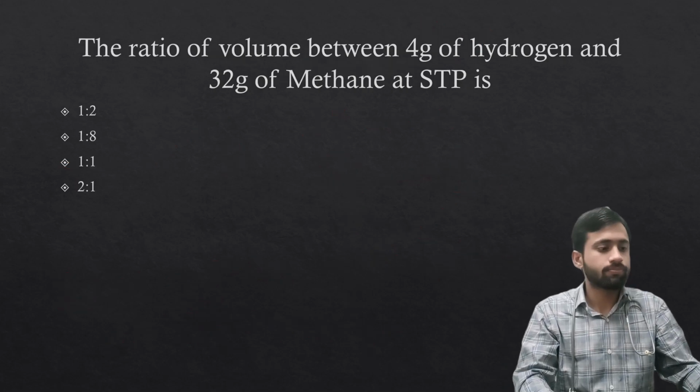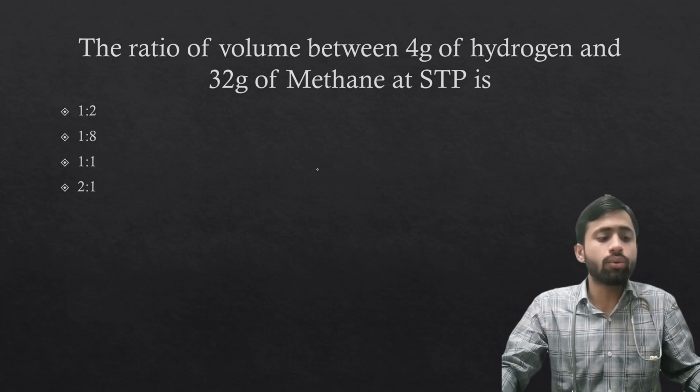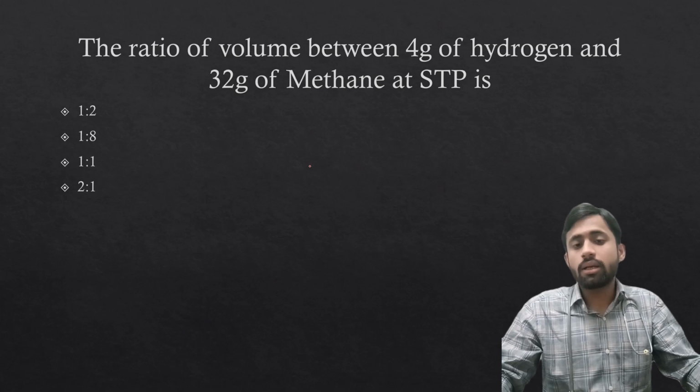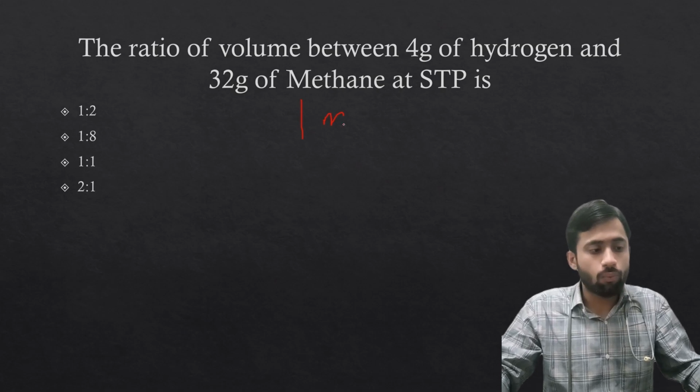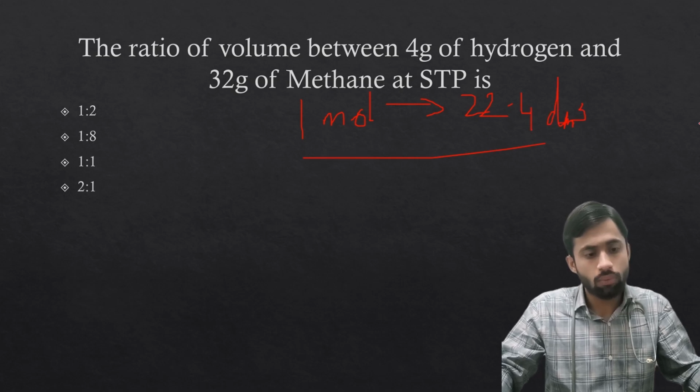Let's move on. The ratio of volume between 4 gram of hydrogen and 32 gram of methane at standard temperature and pressure is. So basically you have to remember one thing, that 1 mole of a compound will occupy 22.4 dm cube of volume.